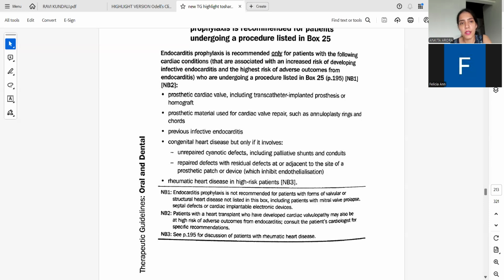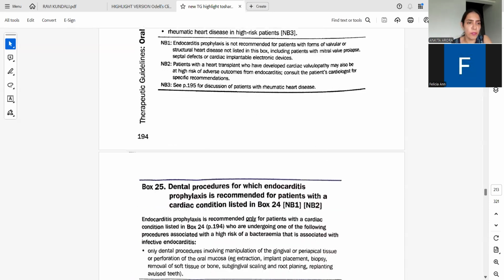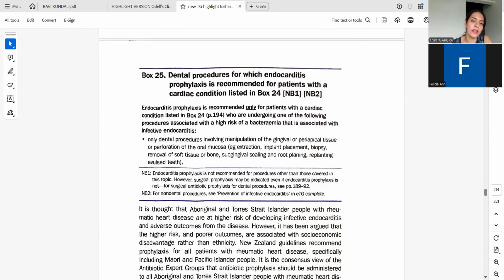Now this was the risk category of patients, but the risk category of the procedure should also complement it for us to decide. So it is only to be given in patients in box 24 and only for dental procedures involving manipulation of the gingival or periapical tissue or perforation of the oral mucosa, like extraction, implant placement, biopsy, removal of soft tissue or bone, subgingival scaling and root planing, reimplanting avulsed teeth.